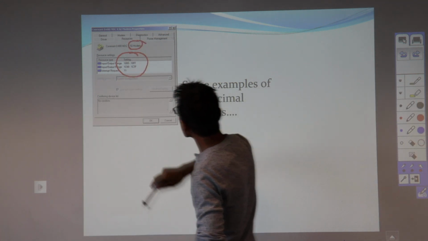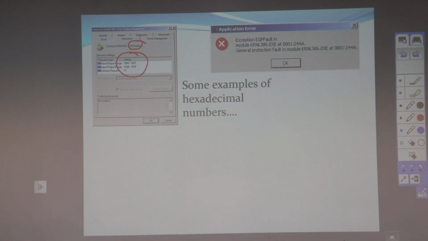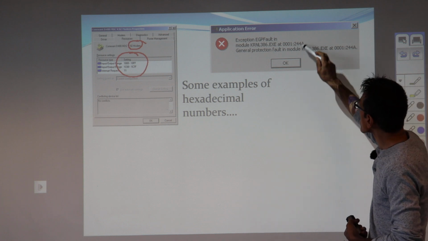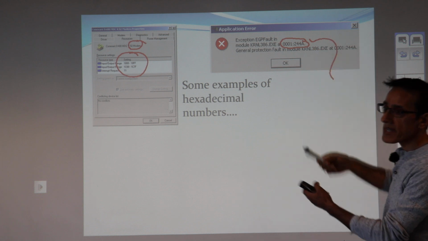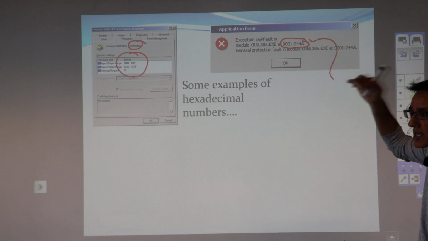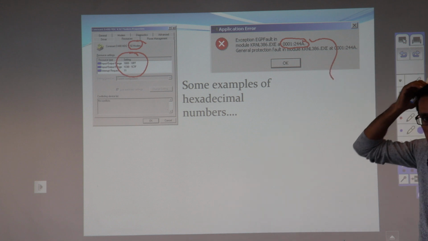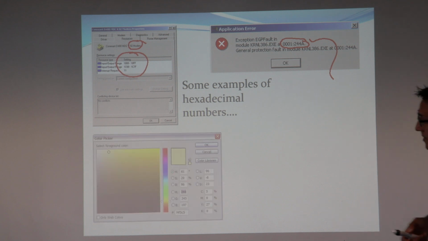This would be the same equivalent for modern day devices, of course. When you have some kind of fault, it's showing some hex here. If you converted that, it's a long binary number. So instead of showing us a very long or large binary number, we are displaying this as a hex number.